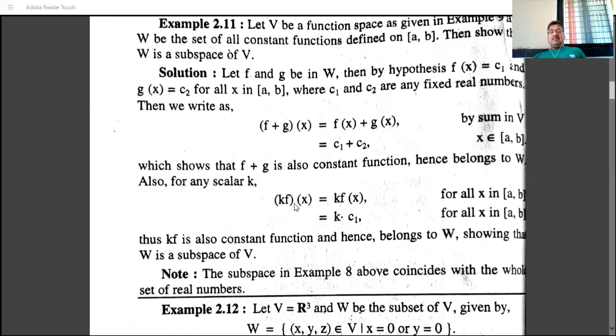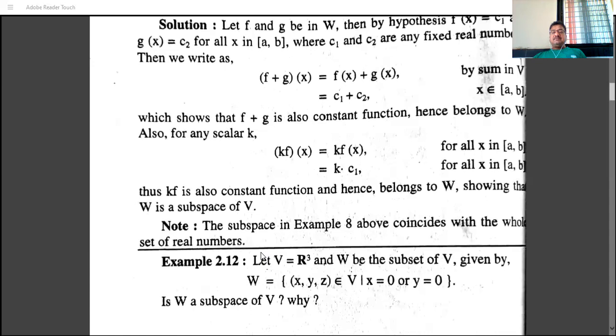Therefore kf is a constant function because (kf)(x) is constant for all x in the closed interval [a, b], and hence kf belongs to W. And therefore the second property is also true, that kf belongs to W for all f belonging to W and for any scalar k. And this shows that W is a subspace of V.